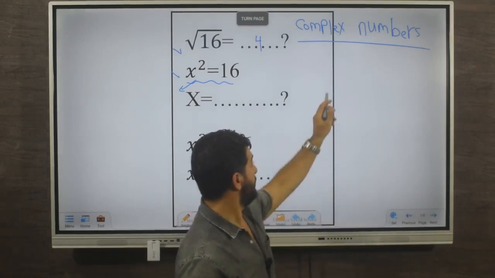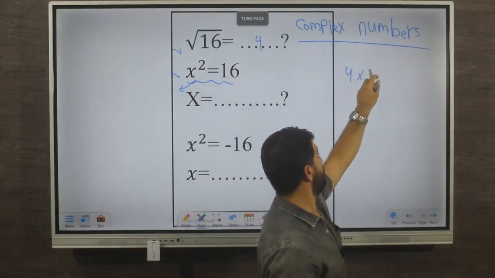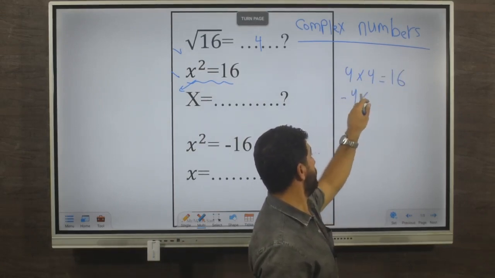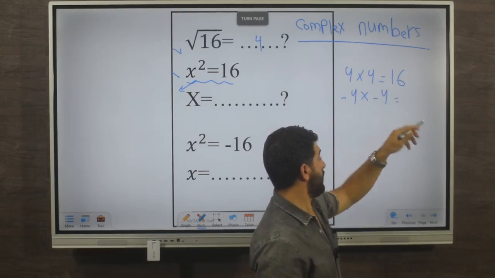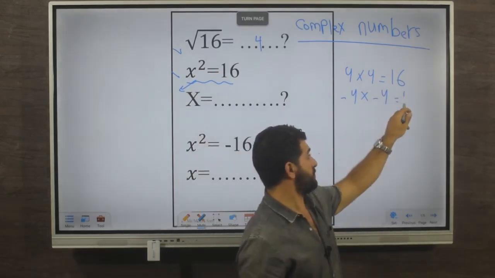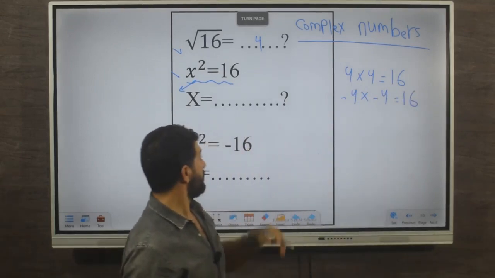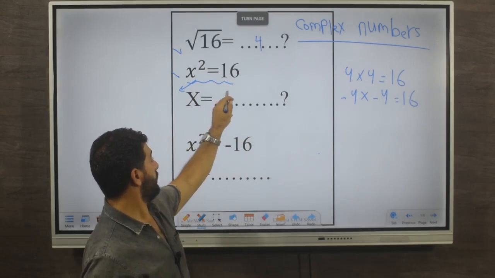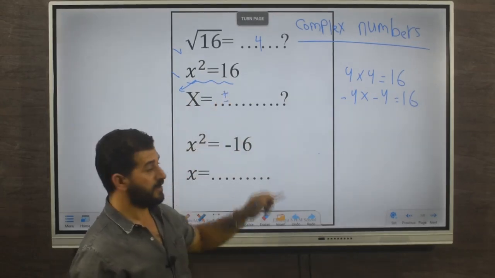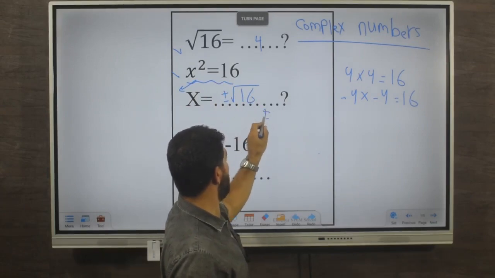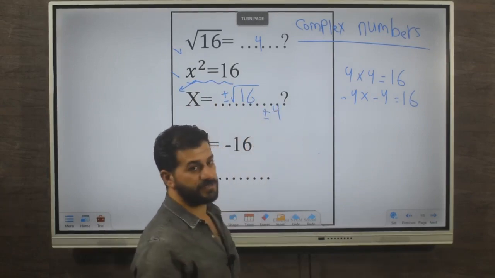We can say it's 4 because 4 times 4 equals 16, and we can say negative 4 because negative 4 times negative 4 equals 16, as you know negative multiplied by negative is positive. So x squared equals 16. What is the value of x? It's positive or negative the square root of 16, which is 4.